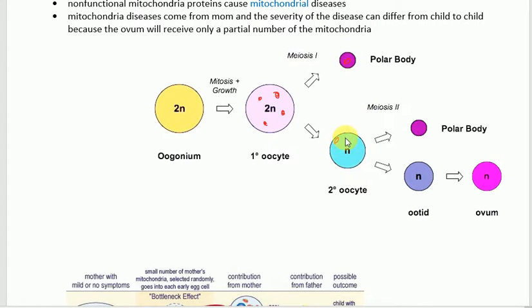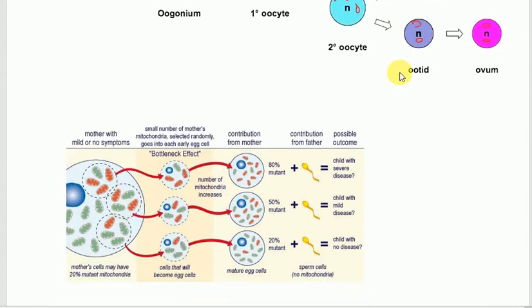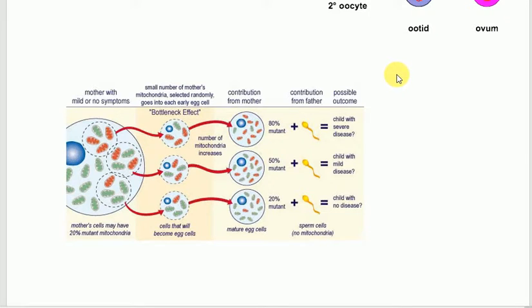So right here, we end up with the remaining 3. And again, we go through meiosis 2, we're going to lose a mitochondria. So we end up here with 2. Okay? So that is why it says that the ovum only receives a partial number of the original mitochondria. And this here is showing you the same scenario and what can happen.